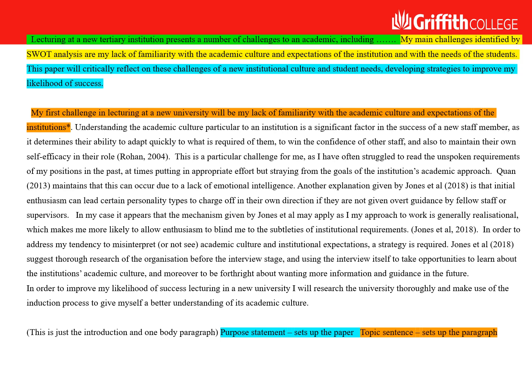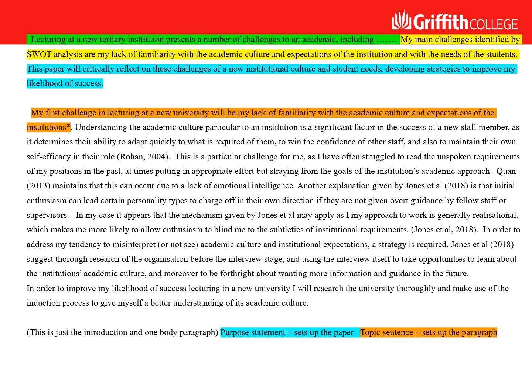And that would be the section, this is a particular challenge for me, the 4th line in that paragraph, as I have often struggled to read the unspoken requirements of my positions in the past, at times blah, blah, blah, blah, blah. So here, from here on, I alternate between my observations and the theory and find meaning there in that analysis.